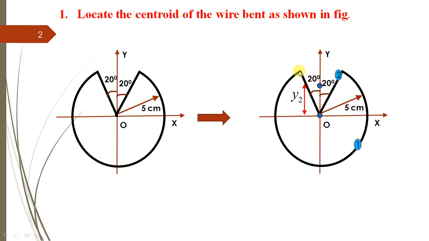So we have to consider initially the whole circular bend, and from that we have to remove this particular portion. If we deduct this portion, you will get the length of the total wire, and in the same manner we have to find out the centroid also.